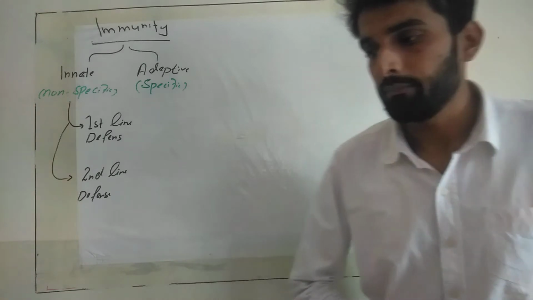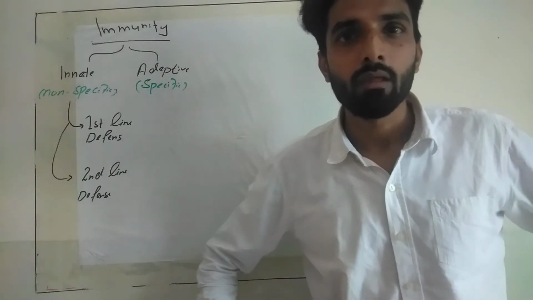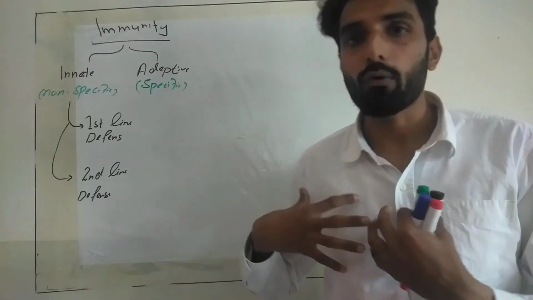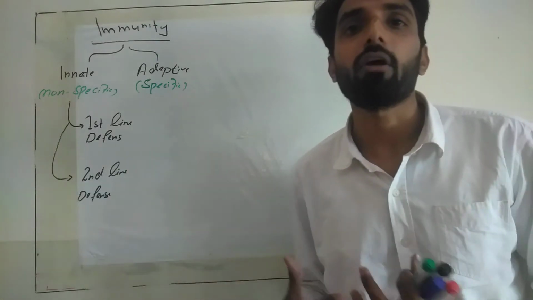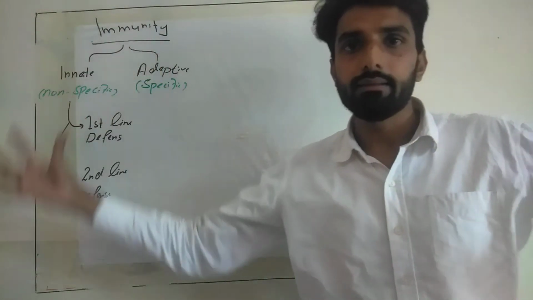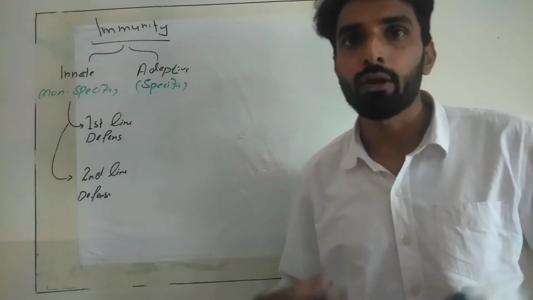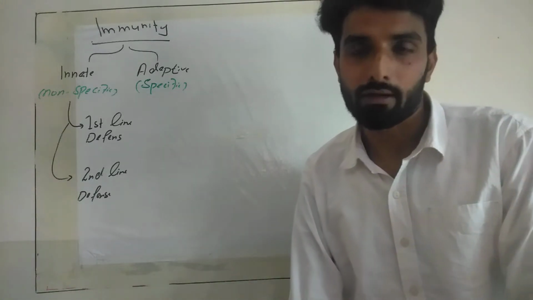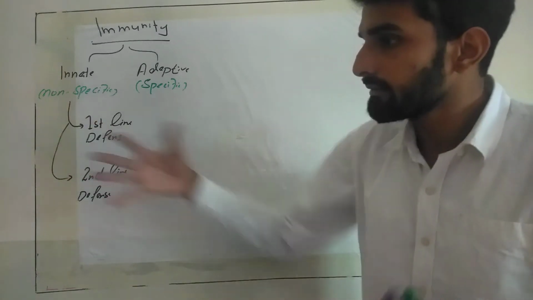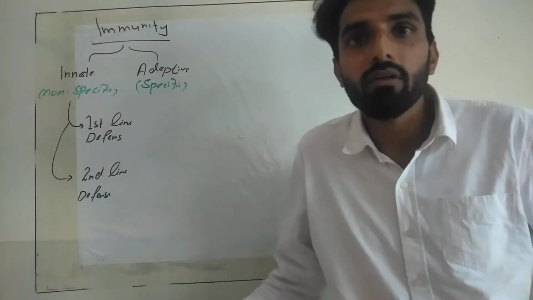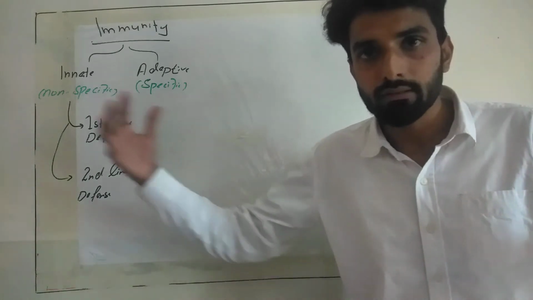Obviously, like our skin that is protecting our body from invasion of foreign particles. You know that lots of microorganisms or bacteria are present in the air, but they are not getting into our body just because of this protective layer of skin. So this protection we have had since our birth.